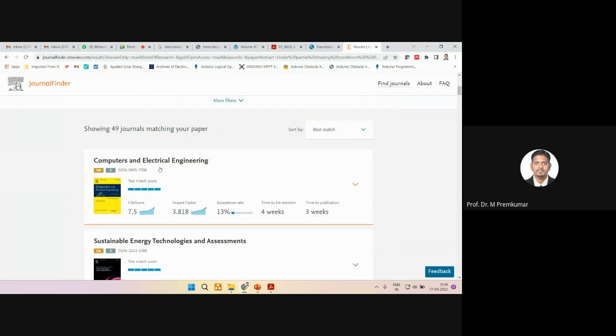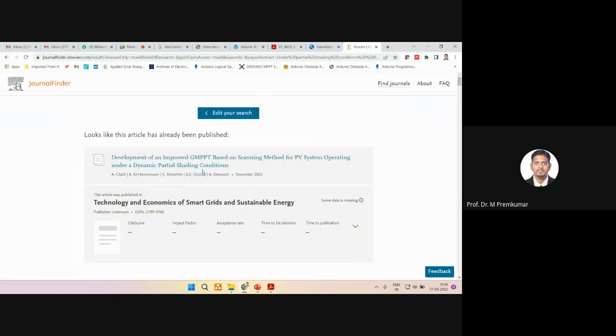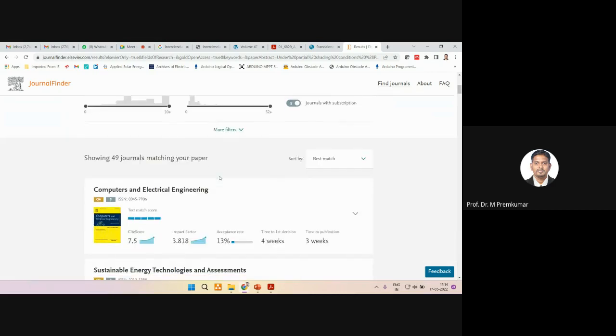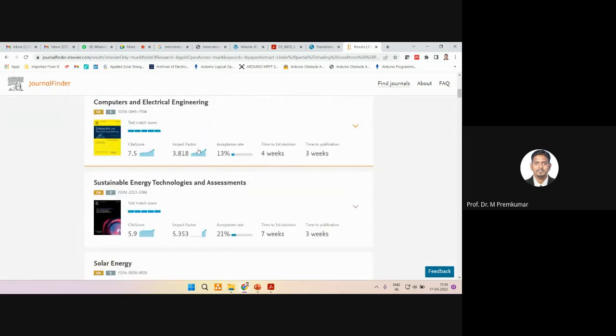Here you can see that for this particular title and abstract, these are all the possible journals, and here itself you can see the CiteScore of the journal, the impact factor, the acceptance rate, and the time frame. This is what I told you already: when you select the journal, you have to see all these things.